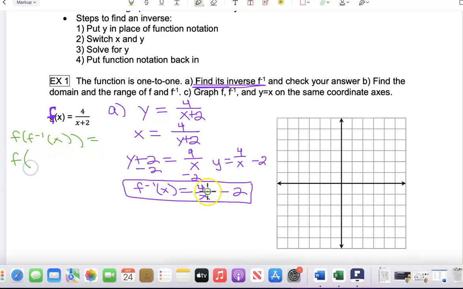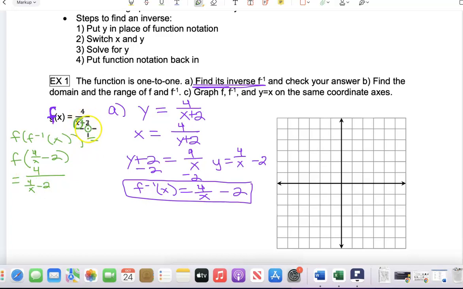So I'm going to do f of this entire thing. That means that in place of the variable in the original f function, I'm going to put in an x instead. So I have 4 over, in place of the x, I've got this, 4 over x minus 2.